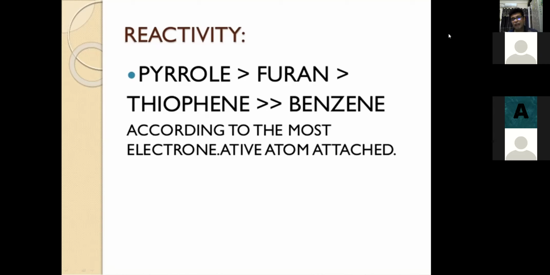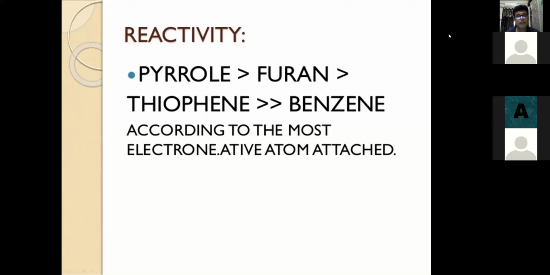So that's the reason why thiophene is the most aromatic compared to furan and pyrrole. Furan is the least aromatic because it has the least resonance energy, and the second reason is that furan has oxygen, which has more electronegativity compared to nitrogen. So this electronegativity plays a major role in reactivity also.